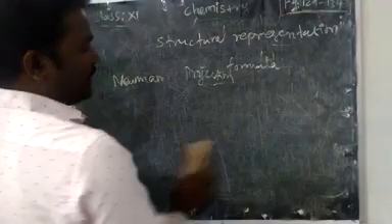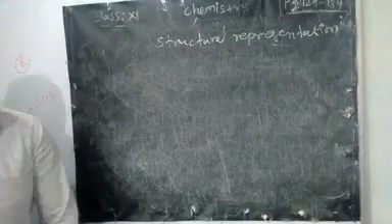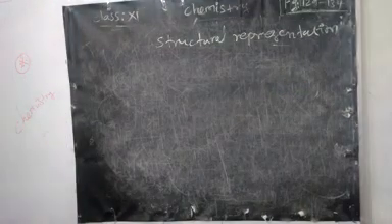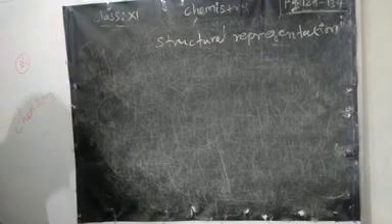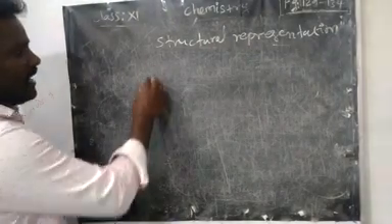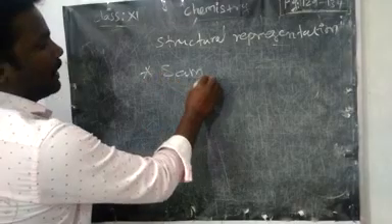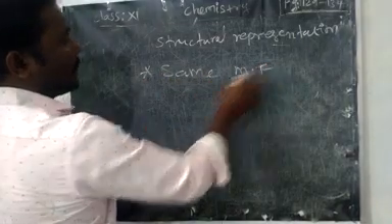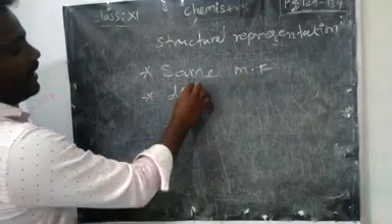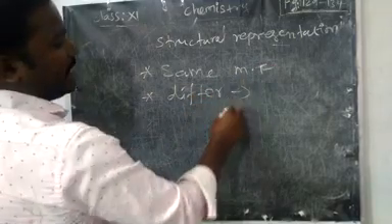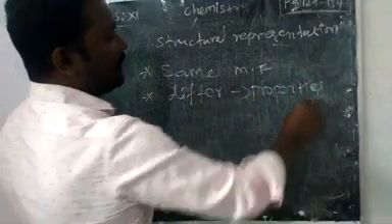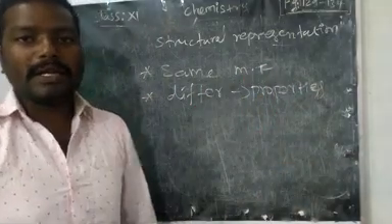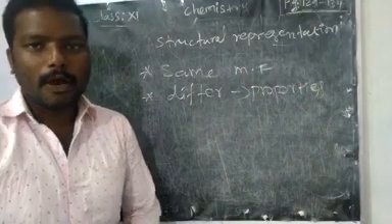Now isomerism. What is isomerism, my dear students? We may have studied it in lower classes also. Isomerism means compounds having the same molecular formula but differing in their properties. They may differ in physical property, chemical property, or both.